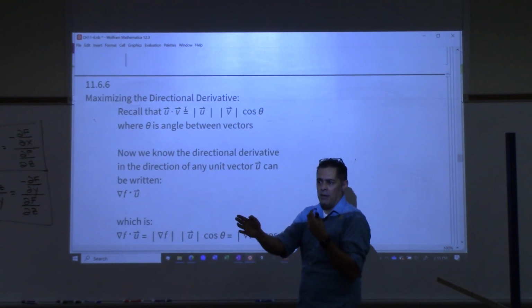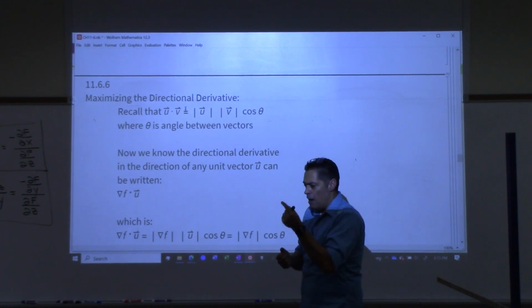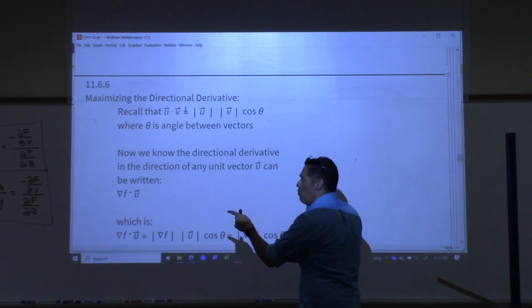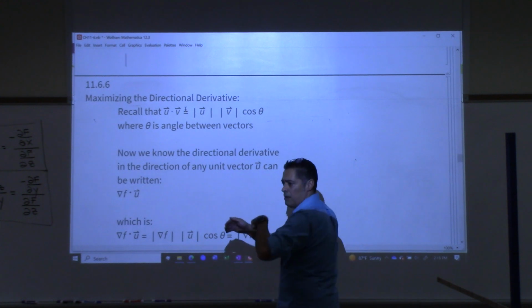In other words, if it was easy for me to be able to just be on a surface and somehow just come up with this direction, that if I go that way, it's steeper than any other direction I could ever point in standing at that point.